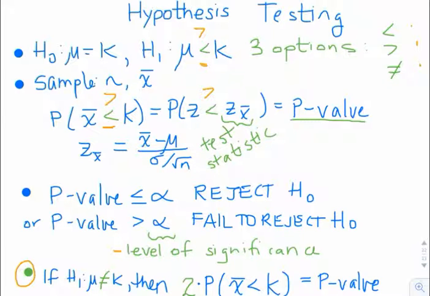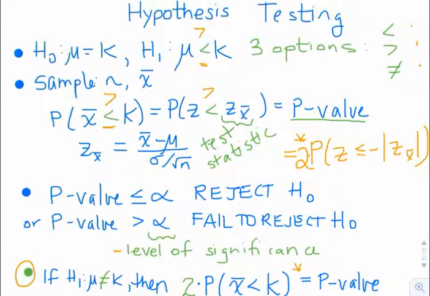So let's put a little asterisk here, and we'll say this equals the probability that z is less than the negative of z x bar. You find your z value and you make it negative. Of course, this is a two-tail test, so we have to make sure we are counting both tails.